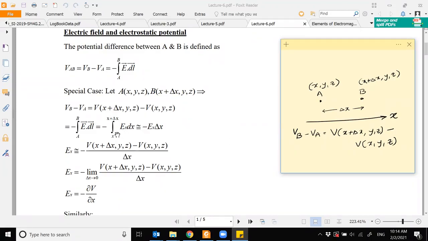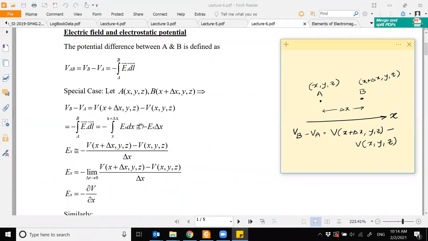Therefore, I will get only Ex left in one term, and only dx left in the other. The dot product of them will be Ex multiplied by dx. So the integration from x to x plus delta x of Ex dx is, approximately, minus Ex times delta x.